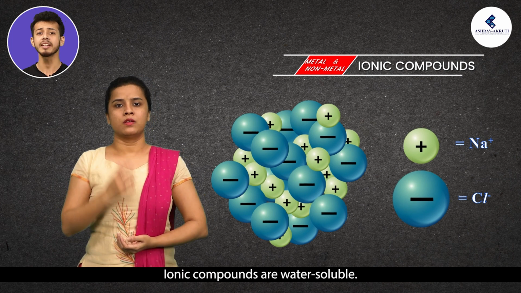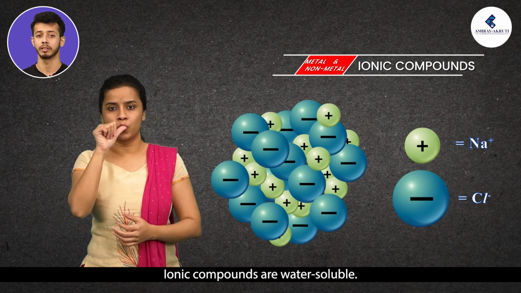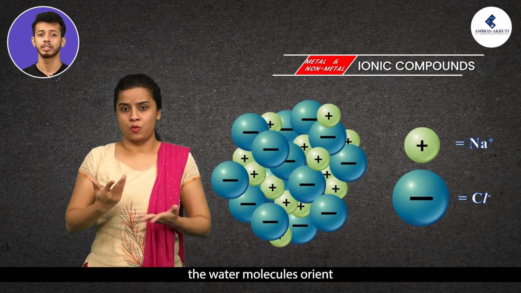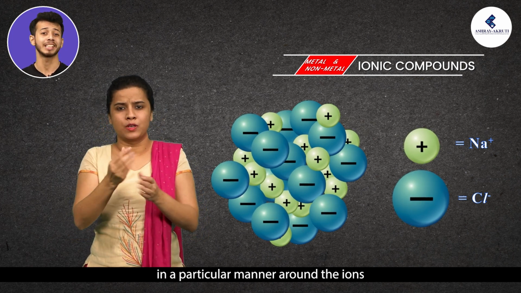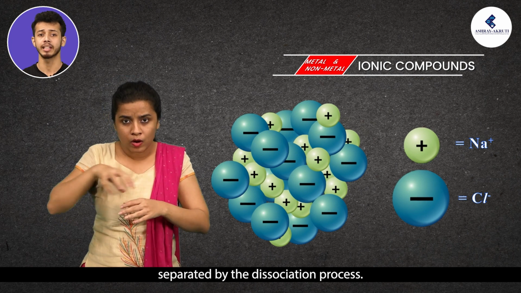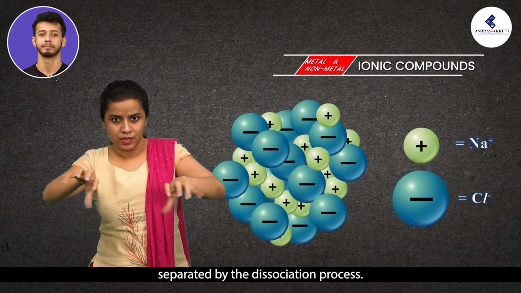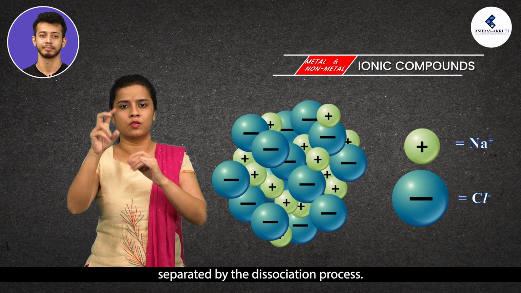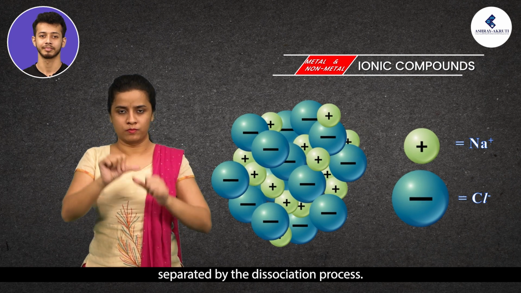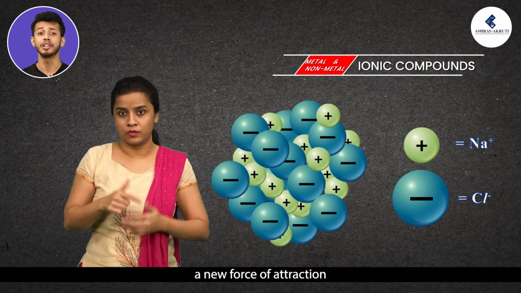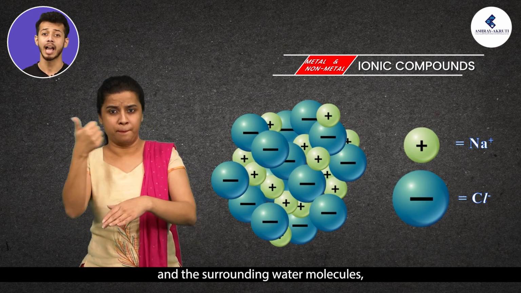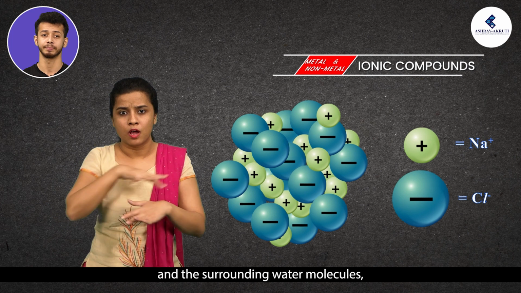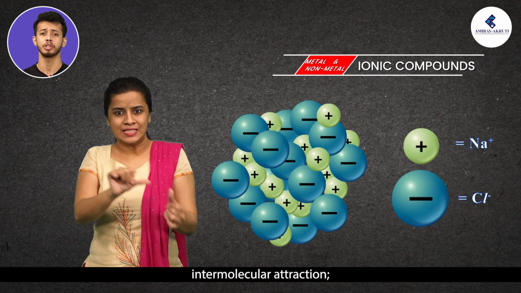Ionic compounds are water soluble. This is because the water molecules orient in a particular manner around the ions separated by the dissociation process. As a result of this, a new force of attraction is established between the ion and the surrounding water molecules, replacing the original intermolecular attraction.